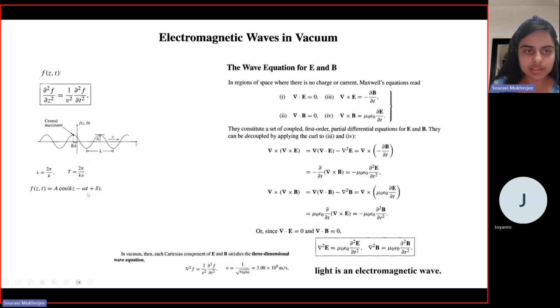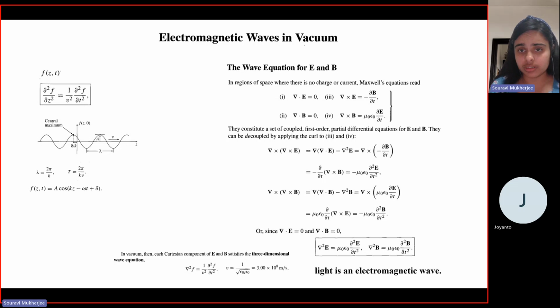One such example of a wave which would follow the wave equation would be a sinusoidal wave, or some function like this. Here the kz term shows the direction of propagation of the wave. So here it's propagating in the positive z direction, and k is called the wave number. And then you have omega, which is the frequency, and delta is some phase.